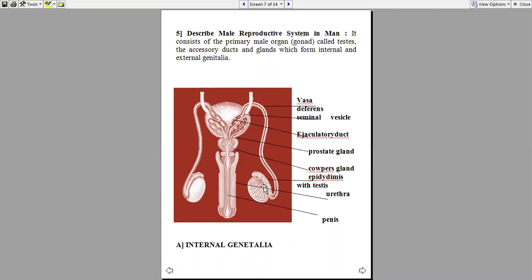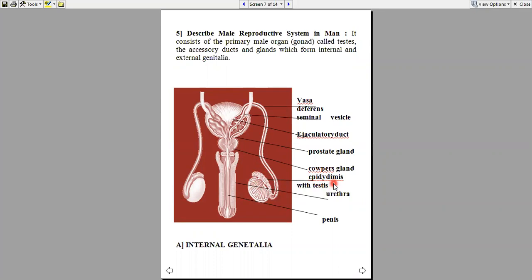Here you can see these are a pair of testes, one on either side. Next to testes, on the posterolateral side, that is below and on the sides of each testis, you find epididymis.